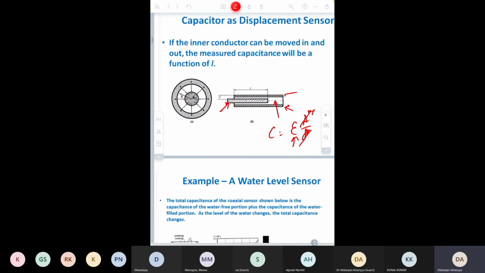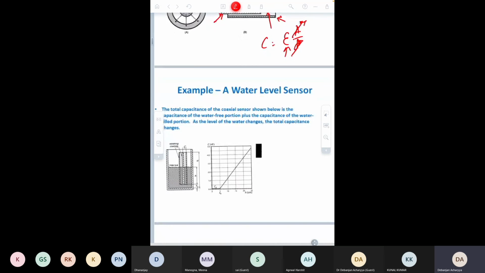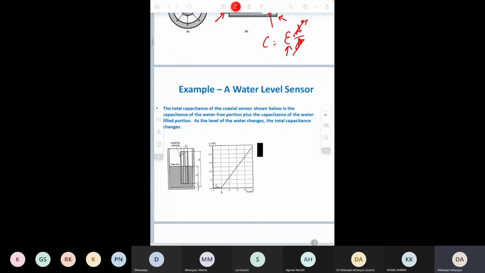Therefore, if an inner conductor can be moved in and out, the measured capacitance will be a function of the displacement. Similarly, a water level sensor can be primarily a capacitive type, where you can see the dielectric in this particular area is air, and in this particular area is water.